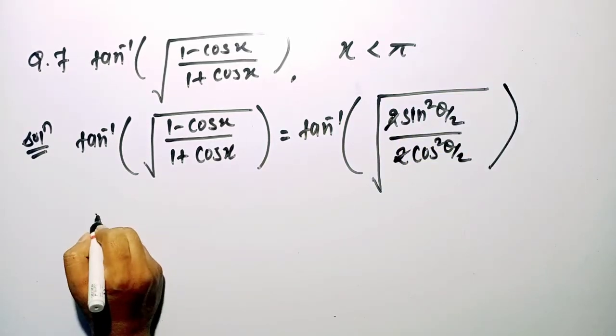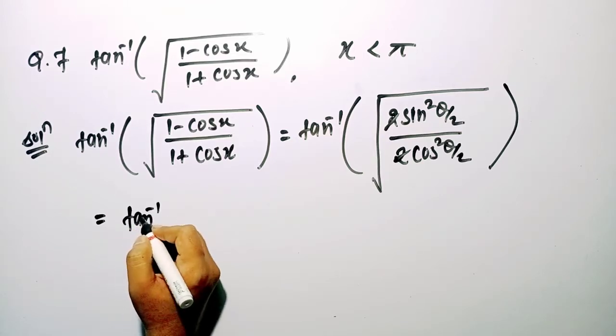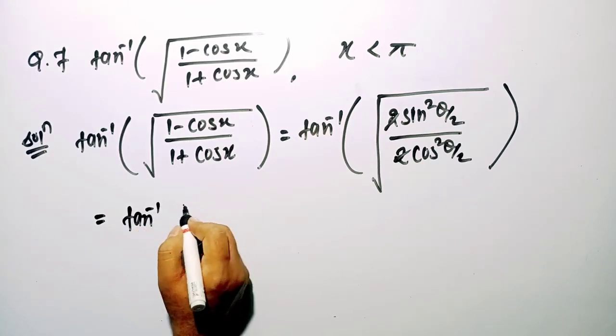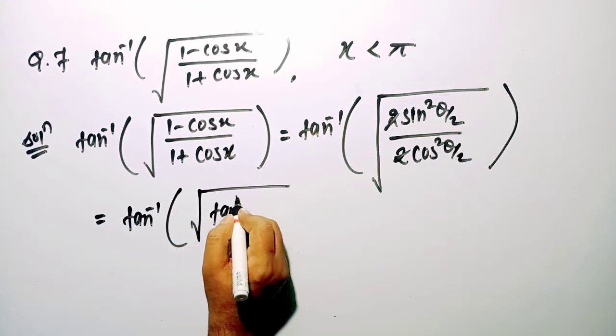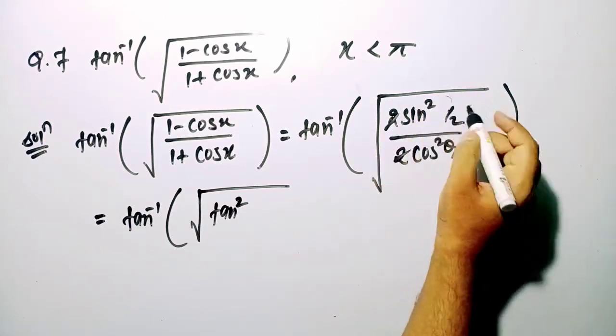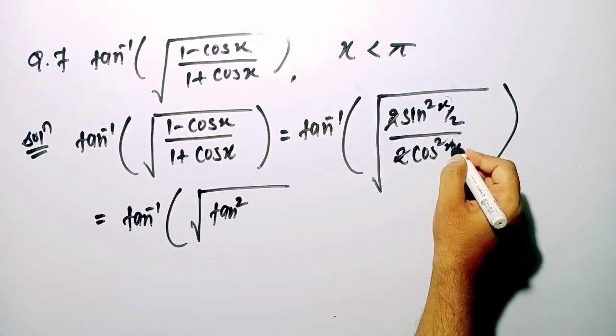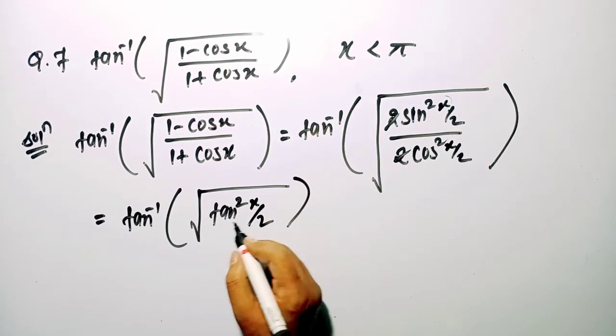Now sin square and cos square, taking the square root of the square terms, we get sin theta by 2 over cos theta by 2, so we are getting tan theta by 2, right students? Sorry, over here in place of theta we will write x.